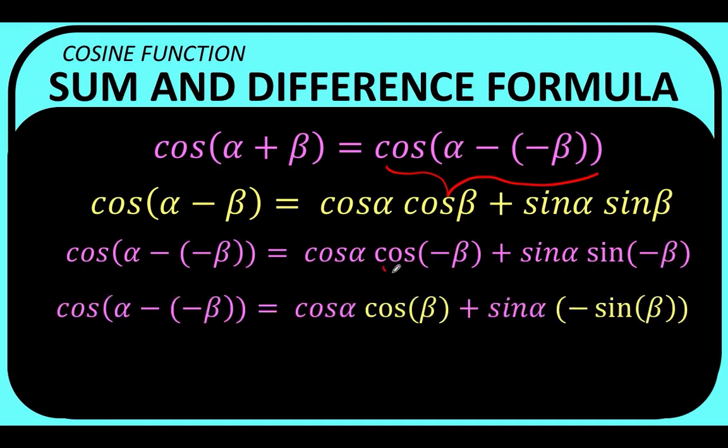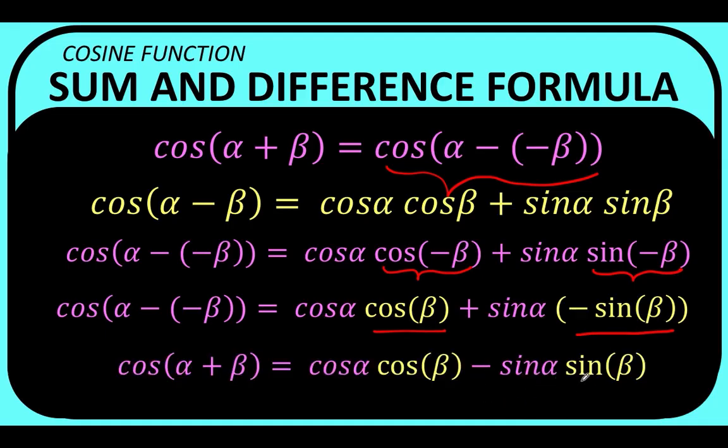So simplifying cosine of negative beta, we arrive at cosine beta. Simplifying sine of negative beta, we arrive at negative sine beta. Then multiplying sine alpha times negative sine beta, we arrive at negative sine alpha sine beta. We just copy cosine alpha cosine beta. Notice now that this is the formula for the sum identity of the cosine function.